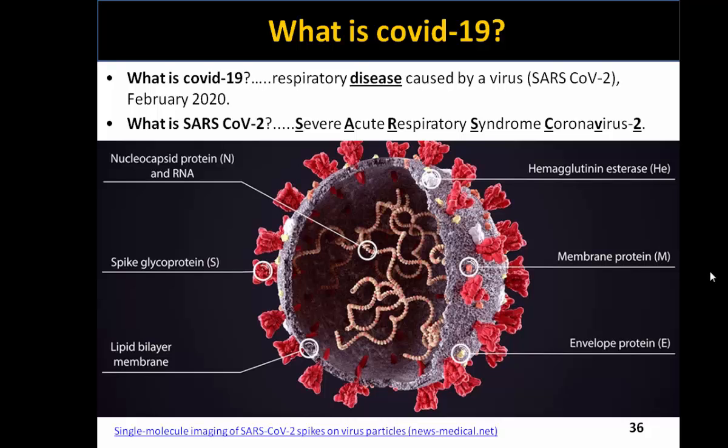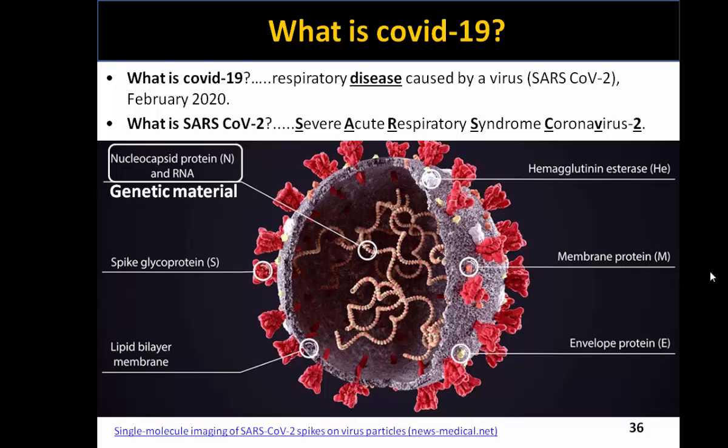This is a computer-generated image of the different components that make up this particular virus that causes the COVID-19 disease. The two major aspects of this virus, which make it so virulent and problematic, are contained within the genetic material, the RNA molecule that's inside the virus.